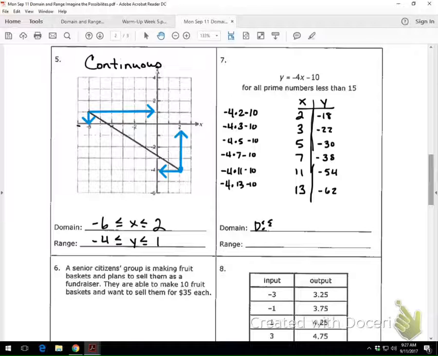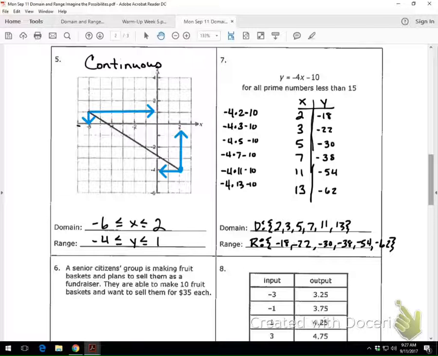Okay, domain. D, dot dot, bracket, right? And then 2, 3, 5, 7, 11, 13. And then range, negative 18, negative 22, negative 30, negative 38, good, negative 54, and negative 62.